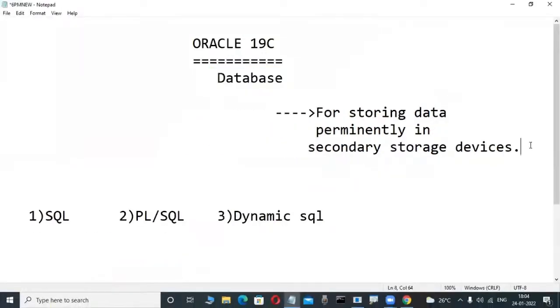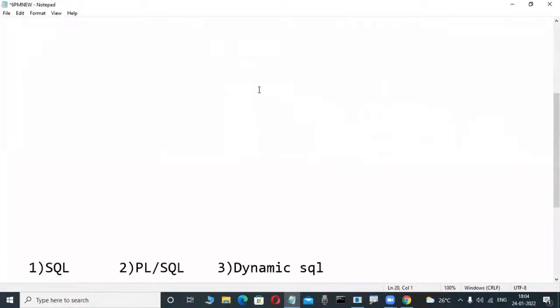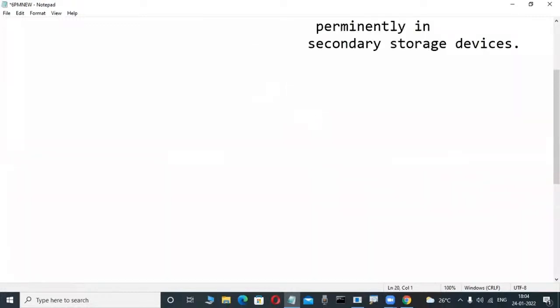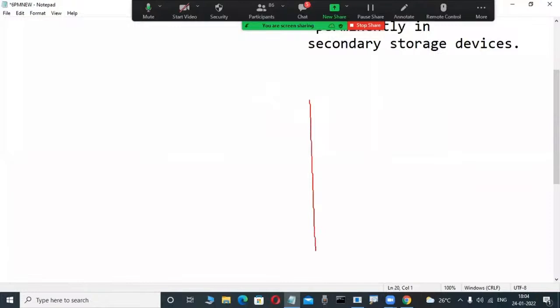As I said in previous classes, observe slowly here: a database is a place. Whenever we install Oracle, SQL Server, DB2 in our system, automatically one place is created. That is called a database.